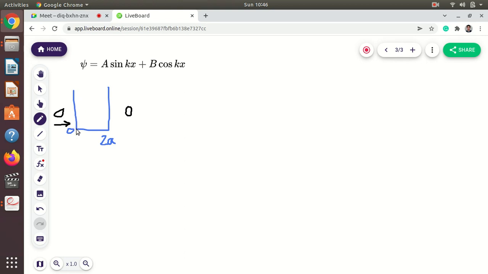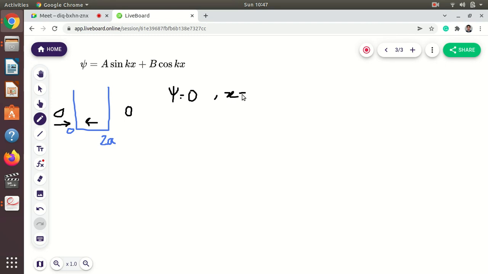So it should be 0 at x equal to 0. Even if I am traveling from this side, at this point the value should be the same as this. So this must be 0 at x equal to 0. Okay, so what condition am I getting? The wave function ψ is equal to 0 when x is equal to 0. This is my first condition.